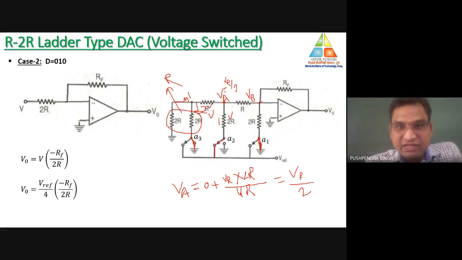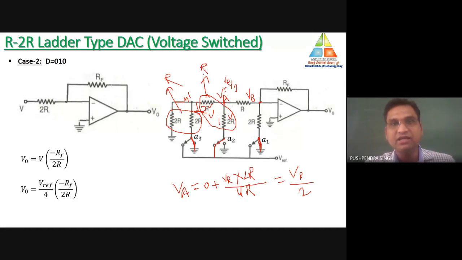Now, what is the equivalent resistance of this? How to calculate the equivalent resistance? Just take the Thevenin equivalent. Whenever voltage sources are there, for the calculation of equivalent resistance, just use the Thevenin equivalent. So the Thevenin equivalent of this 2R and 2R simplifies again to R. 2R in parallel with 2R is equal to R. Now this R is connected in series with this R. So what will the total resistance be? Again 2R.